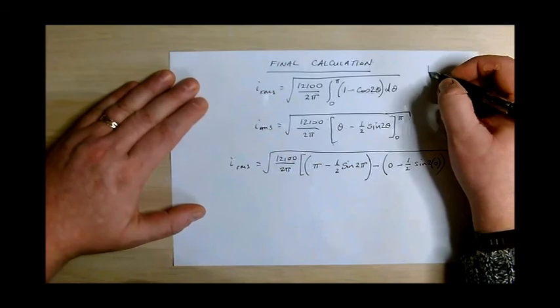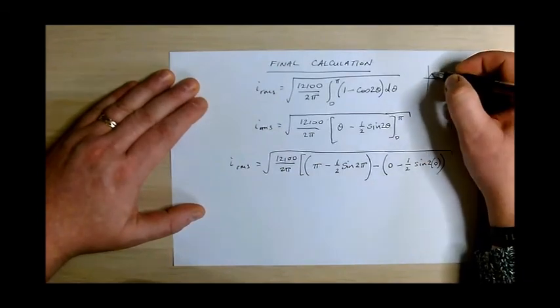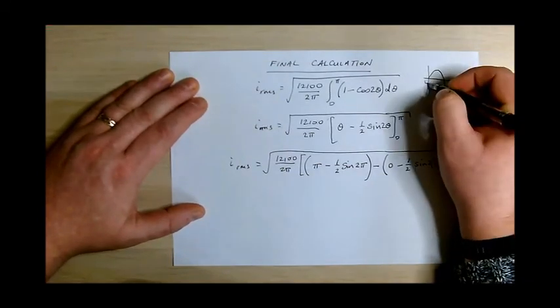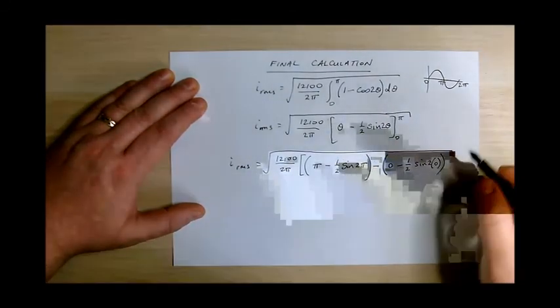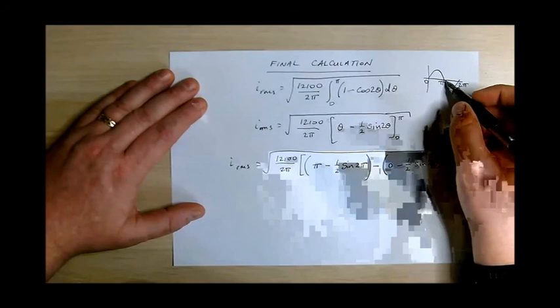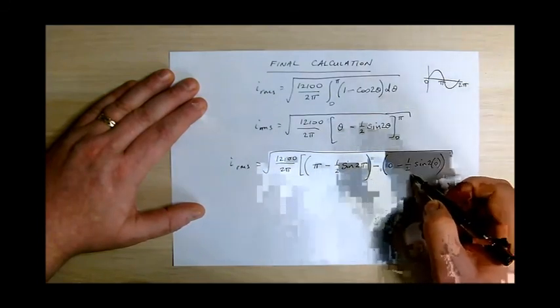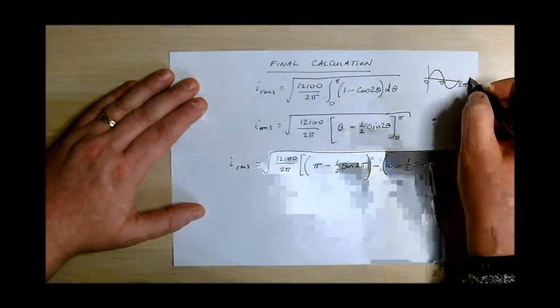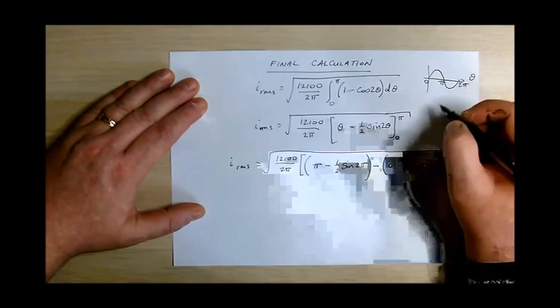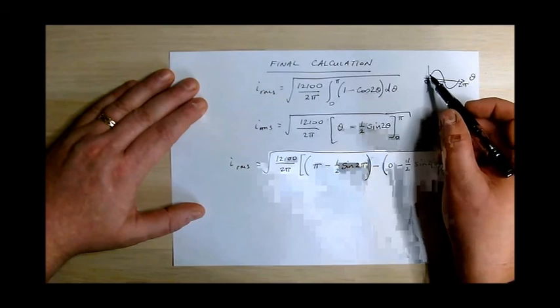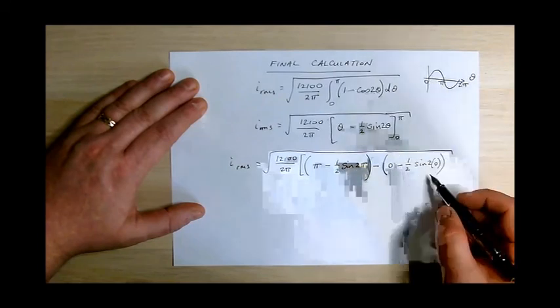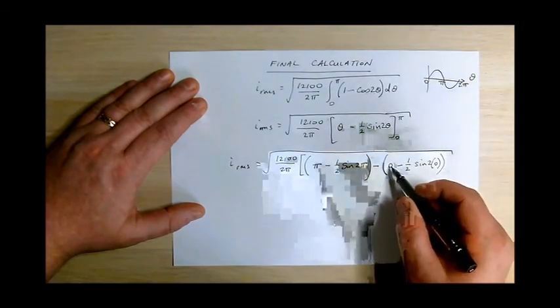If we quickly look at the sine graph, we've got 0, pi, 2 pi. You can see here that at an angle of 0, our current will be 0, and 0 is 0.